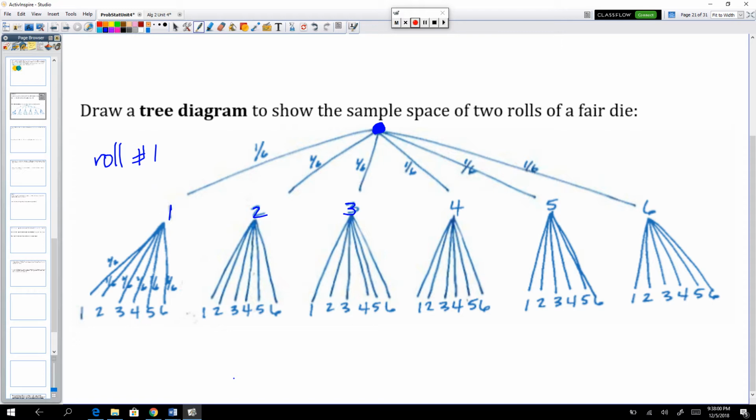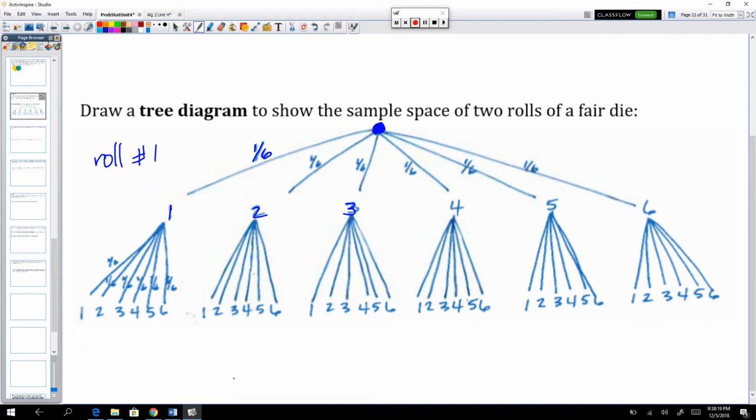And the probability of rolling each of those is a 1 in 6 probability, so we indicate that probability. Sometimes we do it in fractions, sometimes we do it in decimals. In this case, it makes more sense to do 1 in 6, 1 in 6, 1 in 6. So all of those probabilities of each of those different outcomes for that first roll all add to 1.